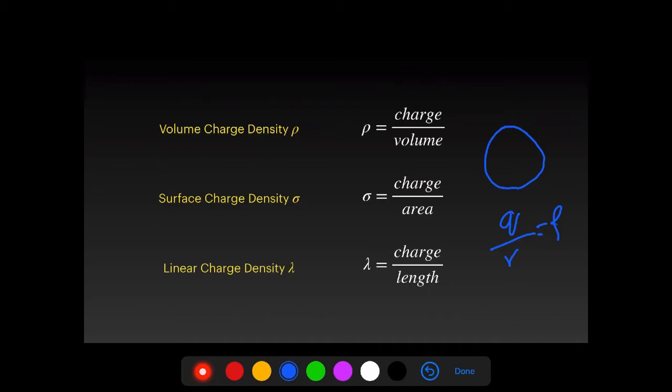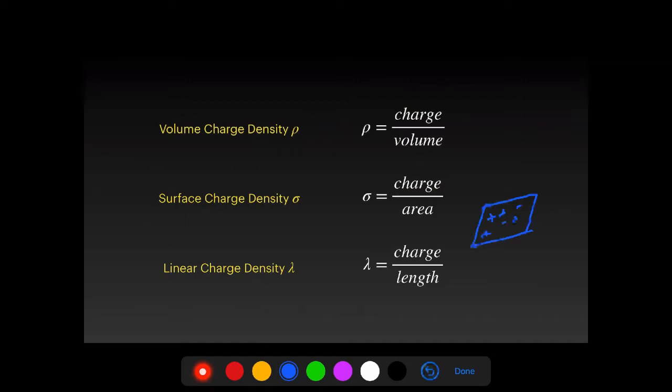Suppose the charge is distributed on a plane. Then we will find the area of it, and we will find q by a, charge by area.